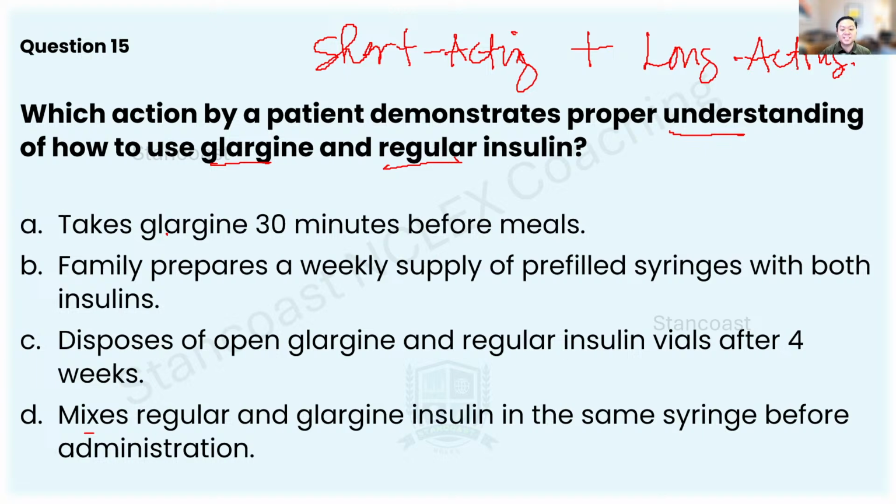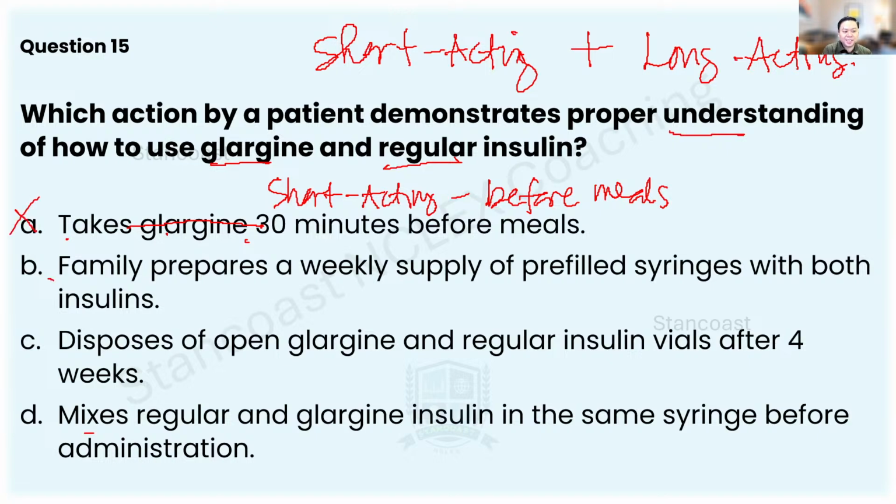It's a once a day dose, but it is not going to be taken before meals. What is taken before meals is basically the short-acting regular insulin instead. Should be taken before meals. Not this one. There's no need to do that. We know that the glargine can be taken anytime during the day.